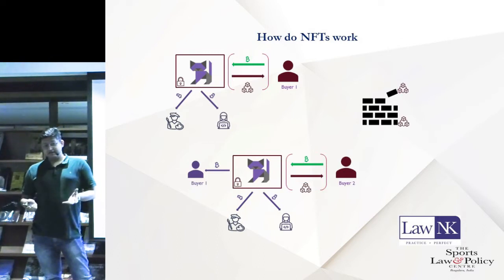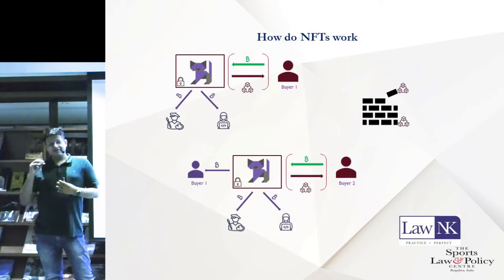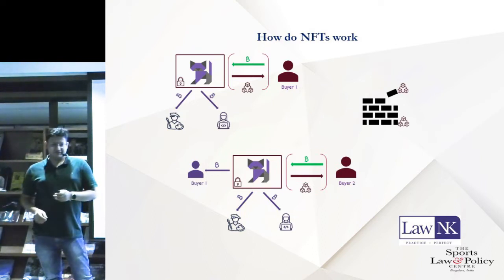So NBPA gets 10% of primary sales, which is from Dapper Labs to the first buyer. They get 5% of secondary sales. So when the first buyer sells to another buyer, or the second buyer sells to anyone, then 5% of whatever revenue comes in is paid out to NBPA. 10% is paid out to NBA. Dapper Labs also takes a certain amount as royalty, and the remaining comes to the first buyer.